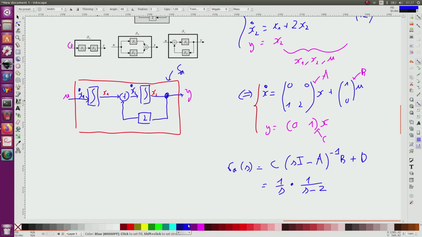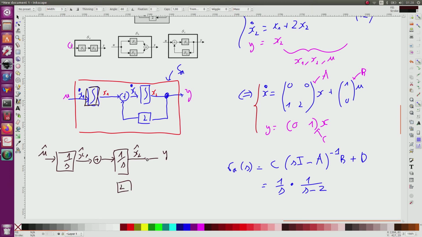So how can I do this? I will do it here. I know that the integrator is 1 divided by s, so in the Laplace representation, I have an integrator, here x2 hat, x1 hat, u hat, and the loop with 2, and y.